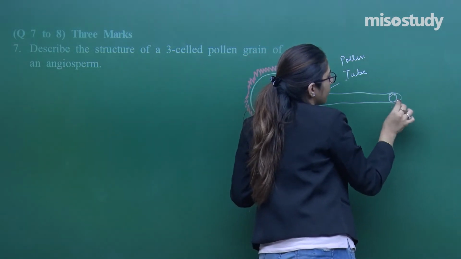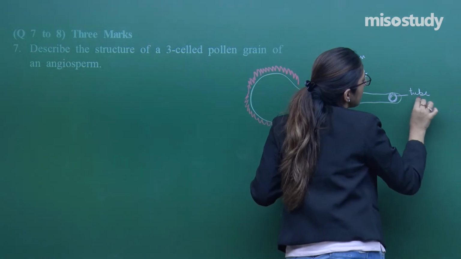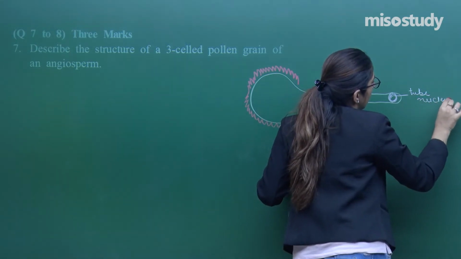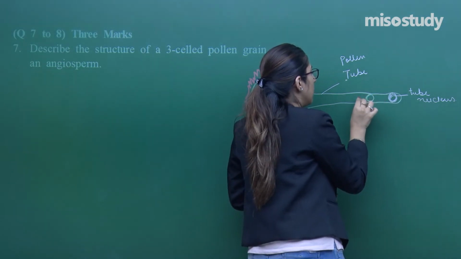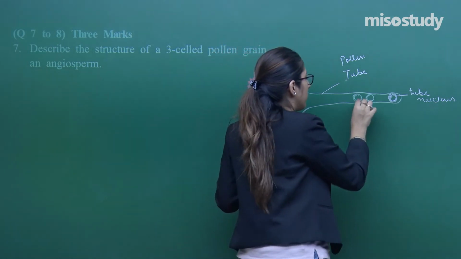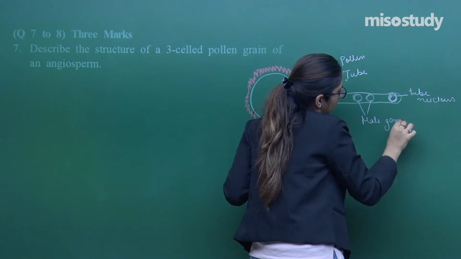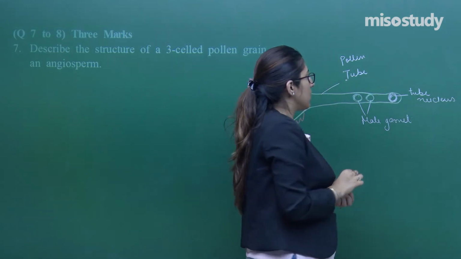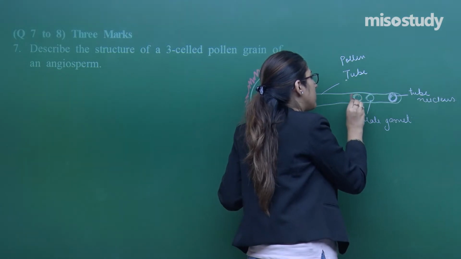Here, this will be called the tube nucleus. Over here you can see two cells are present. They will be called male gametes. Surrounding these male gametes, can you see a sheath is present?